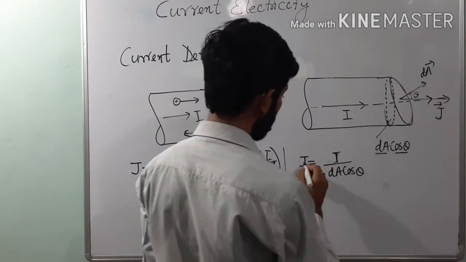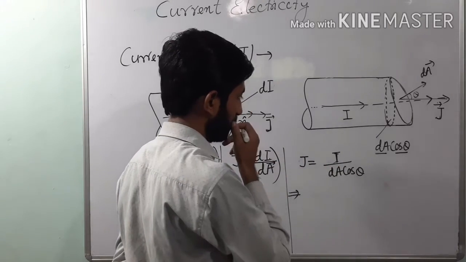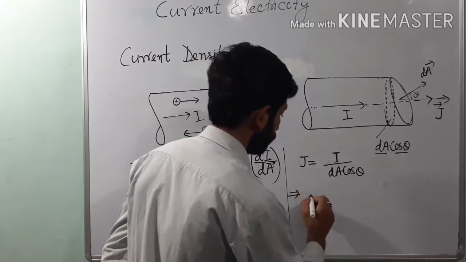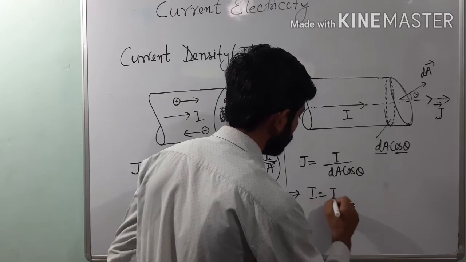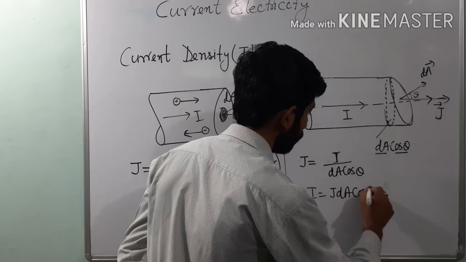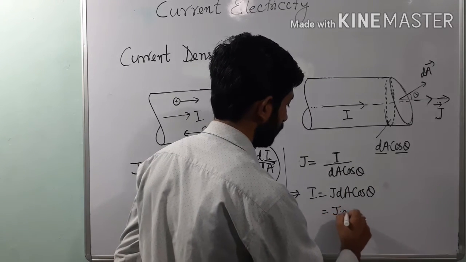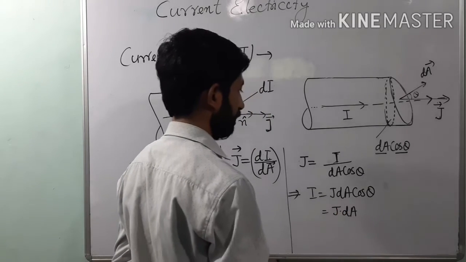So mathematically we are getting J is equal to this over this. So I is equal to J dA cos theta. Now that is J dot dA.